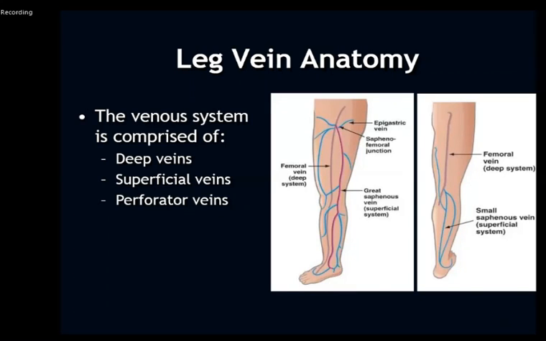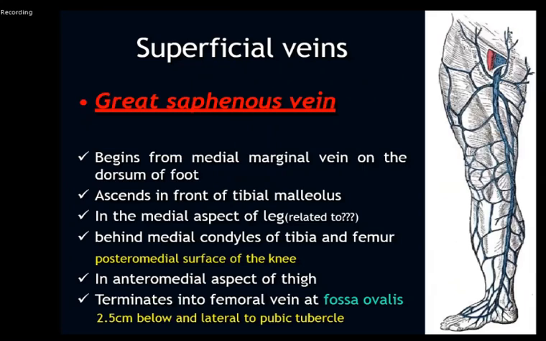So the venous system is comprised of deep veins, superficial veins, and the perforator veins. The superficial veins are the great saphenous vein and the small saphenous vein. The great saphenous vein begins from the medial marginal vein on the dorsum of the foot.